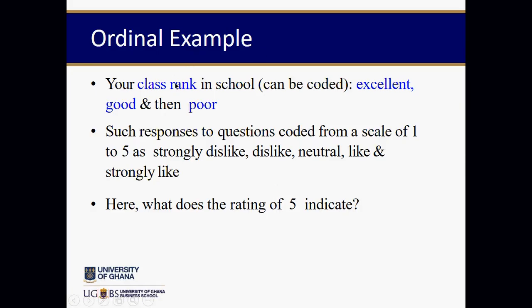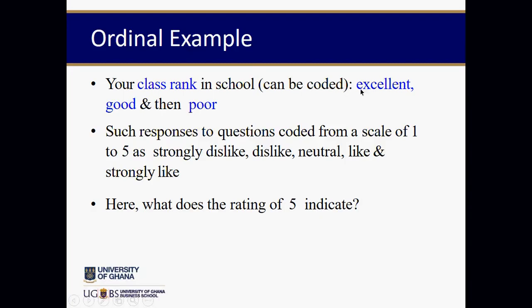And so, for an ordinal example, your class rank can be coded. Excellence is A here, very good is, I think, B plus, and then good is B and the rest.